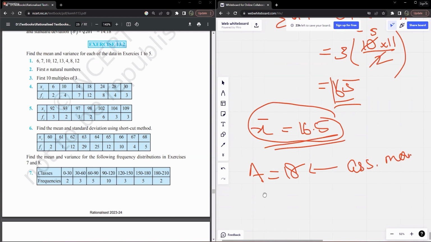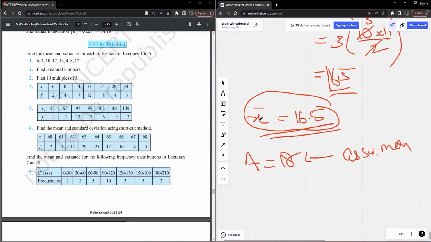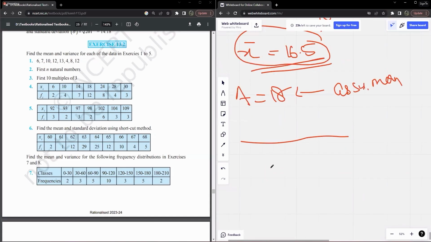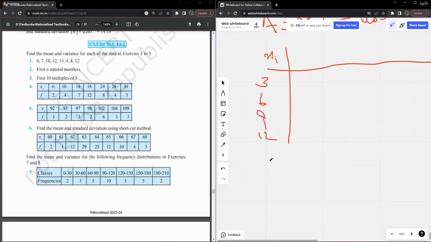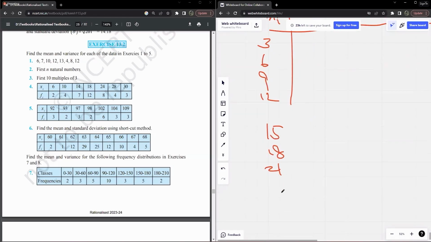Assumed mean. So I'll just run the exercise. So I'll have 3, 6, 9, 12, 15, 18, 21, then 24, 27.